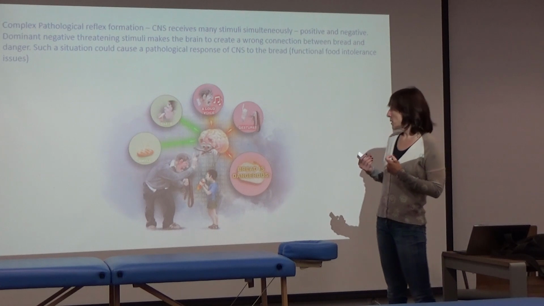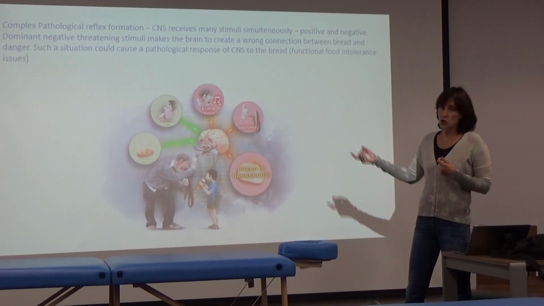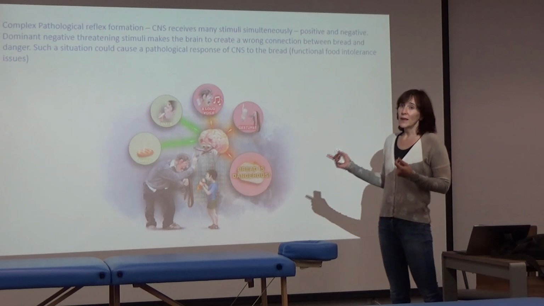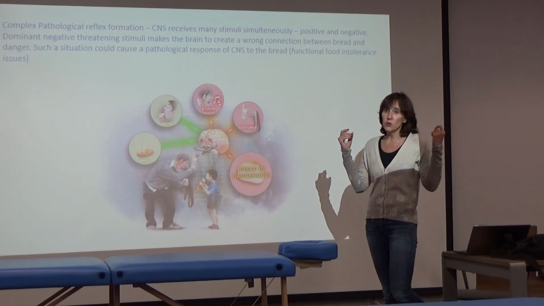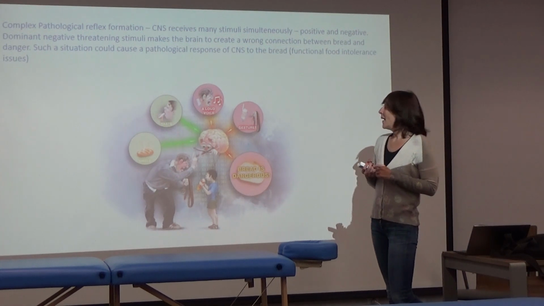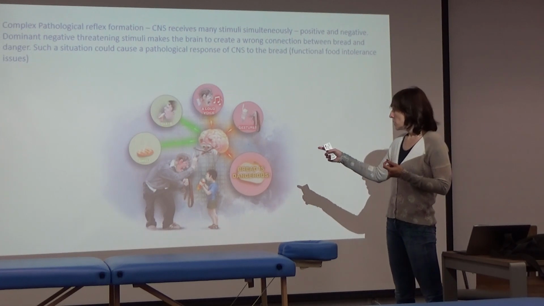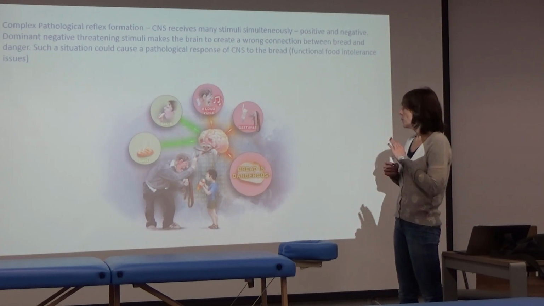Well, if at the same time somebody is doing any kind of dangerous and aggressive stimulus, then the central nervous system is going to get into conflict between sympathetic and parasympathetic activity. And it could create the wrong association that bread is dangerous. Of course, it's going to happen absolutely unconsciously.